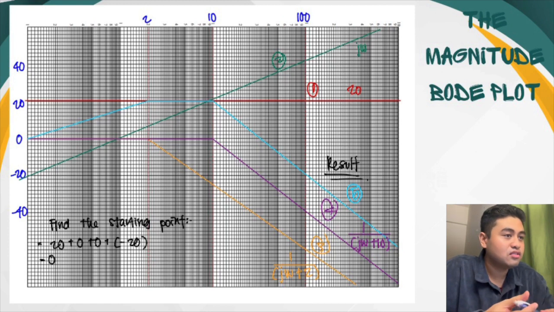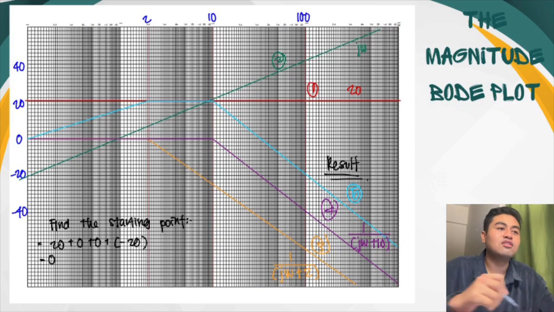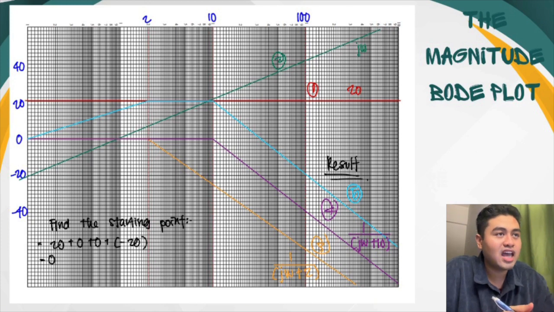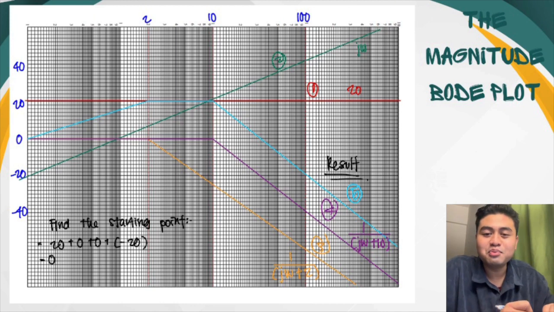So you must draw the graph from the region 0 to the 20, and then just go down directly, because there is no change after the region 100. That's how you get the result of the graph. Just a simple way to make the magnitude Bode plot.